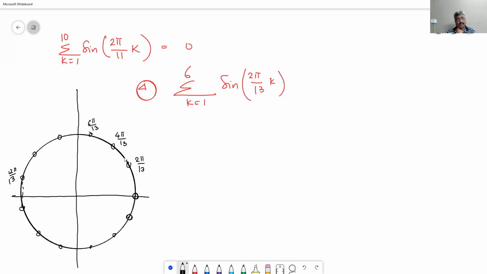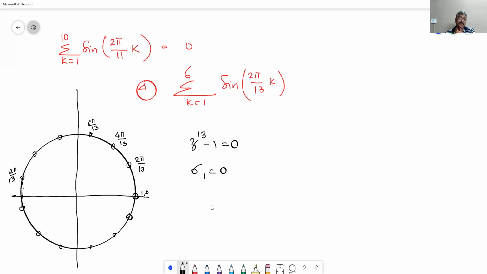Okay. So now if you add all these roots along with this fellow 1 comma 0, we are considering z raised to 13 minus 1 is equal to 0, and we know sigma 1 is equal to 0. So summation of all of them is 0.